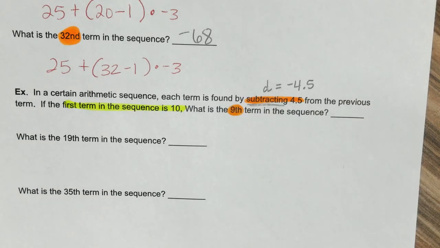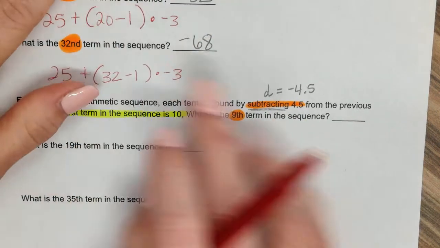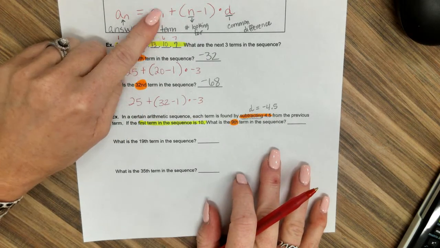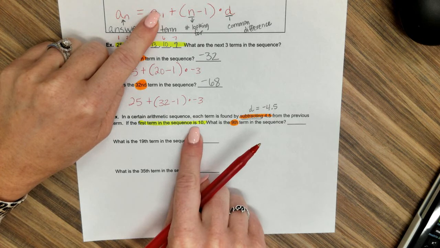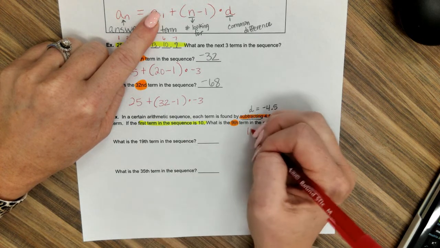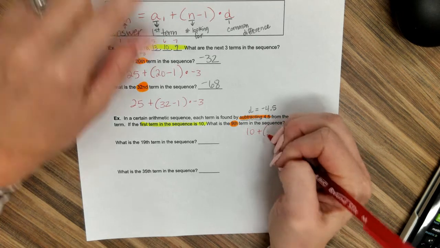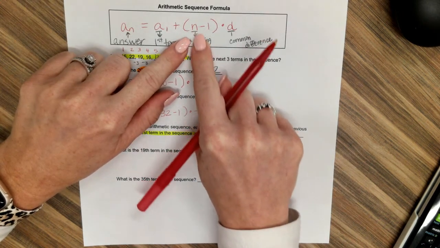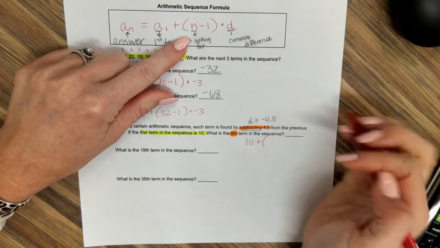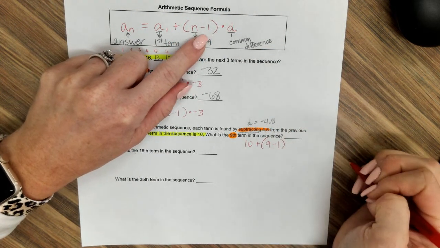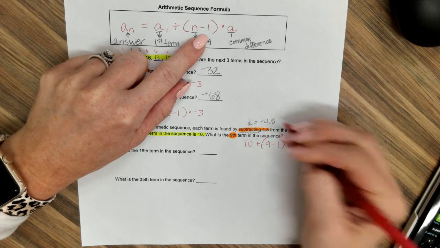So I'm going to write down the pieces of the formula that I need. The formula says write the first term. Did they give me the first term? Yes. So I'm going to write 10 plus, open parentheses, what's the term we're looking for? The 9th term, and then minus 1, close parentheses, times the common difference.